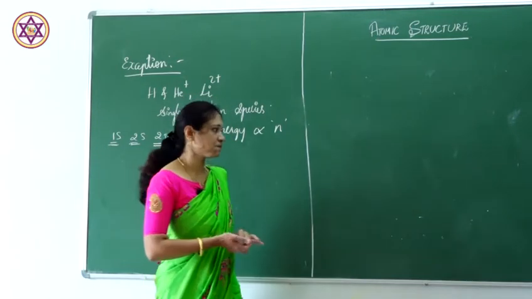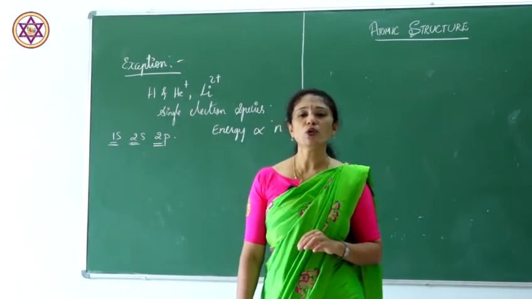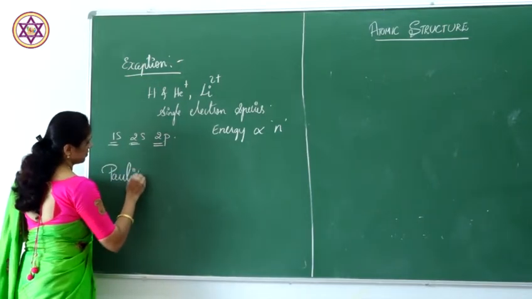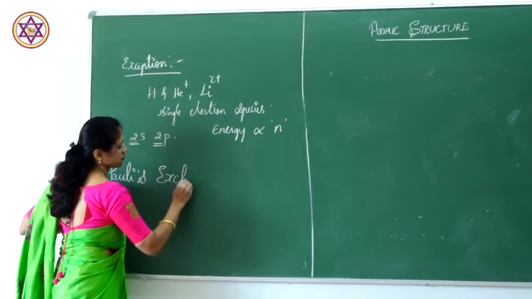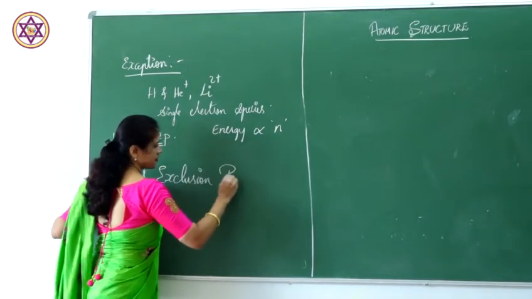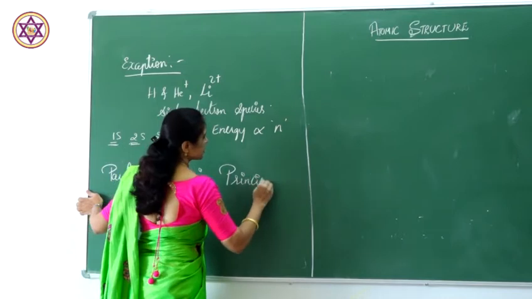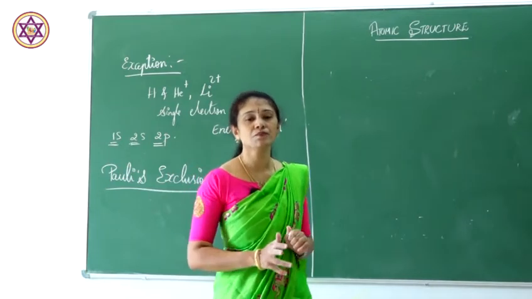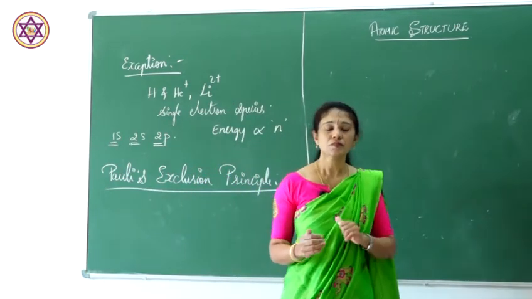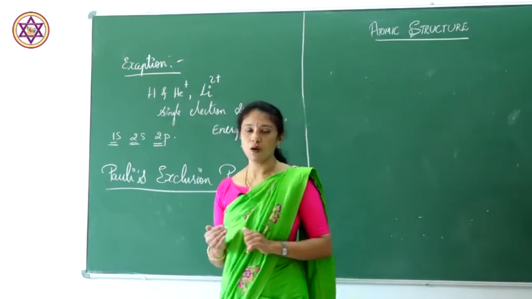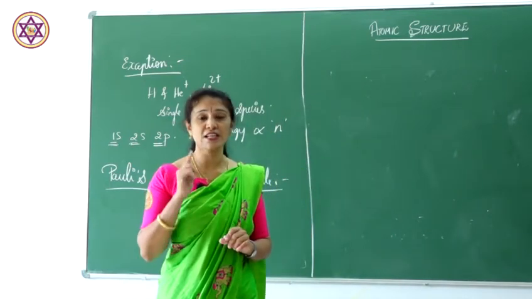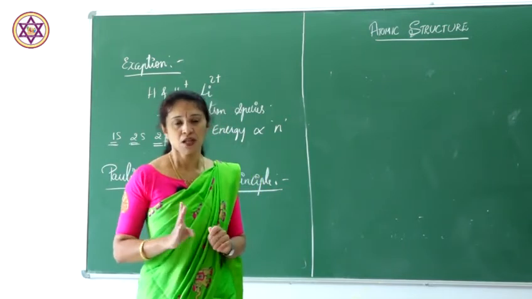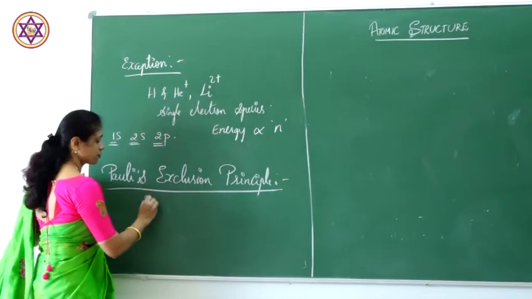Coming to the second one, that is Pauli's exclusion principle. According to this principle, no two electrons in an atom can have the same set of 4 quantum numbers.